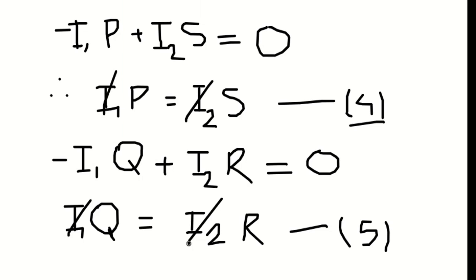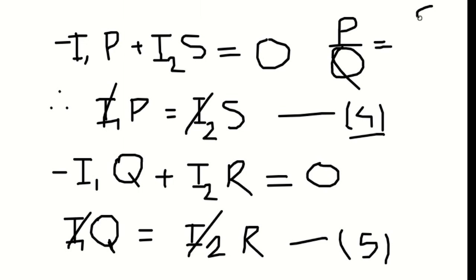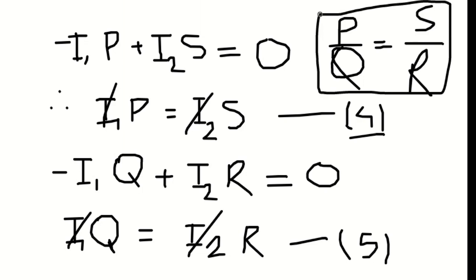So what we are getting is P divided by Q is equal to S divided by R. Now remember, this is the condition for the Wheatstone bridge. When we have to find out the unknown resistance, we also find such a condition that the ratios of these resistors will be the same.